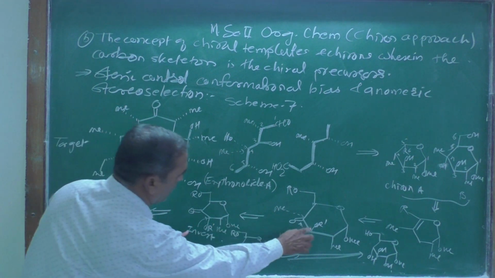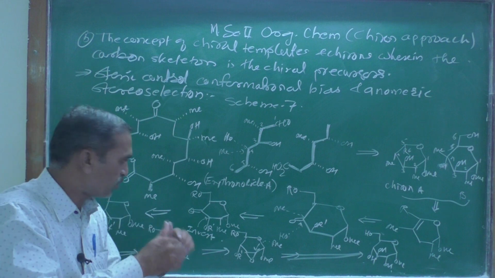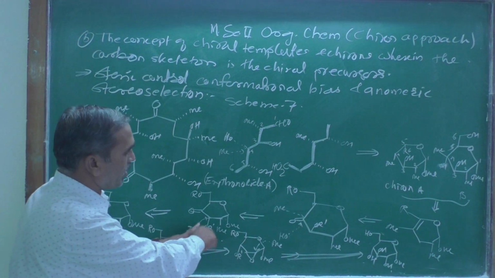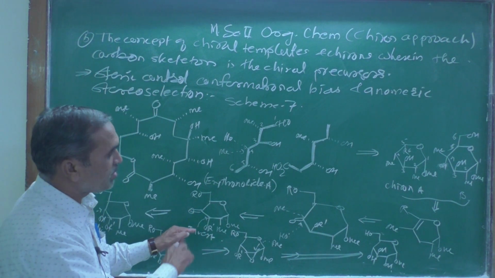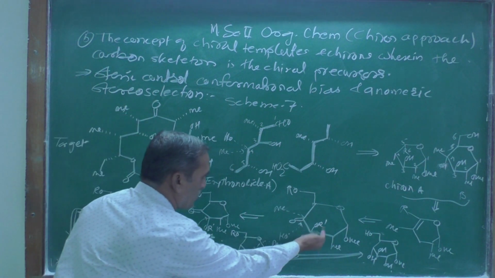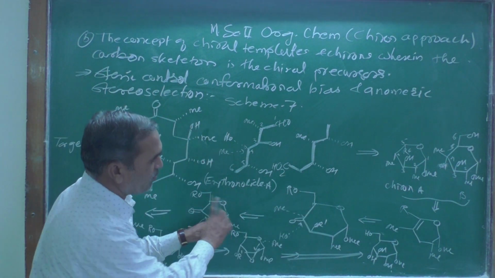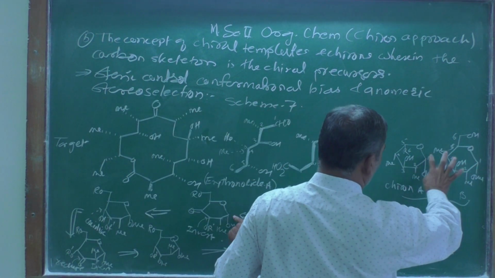Look at what changes are done here. Here this OR is above, just inverted. By inverting it, by rotating that single bond, we can change its configuration, meaning invert. Invert means just opposite to that one. And look at the anomeric carbon; we are not changing the anomeric carbon.